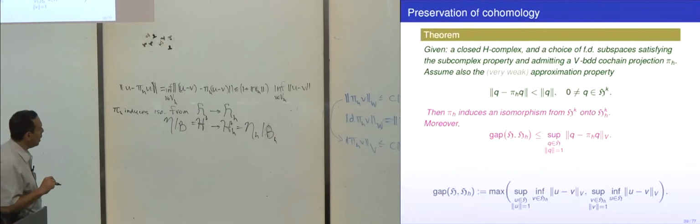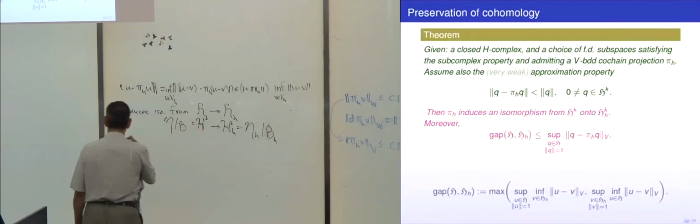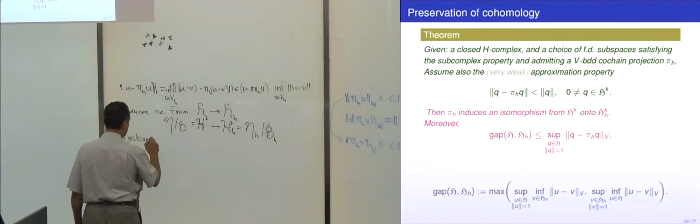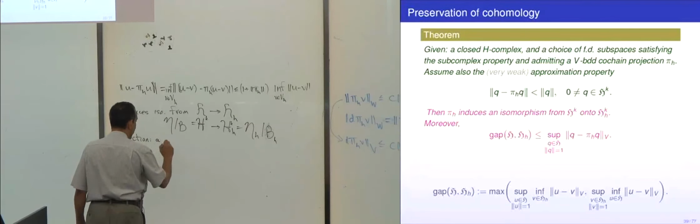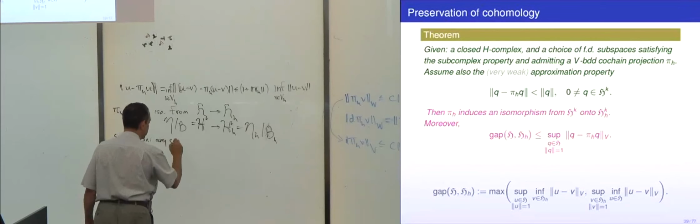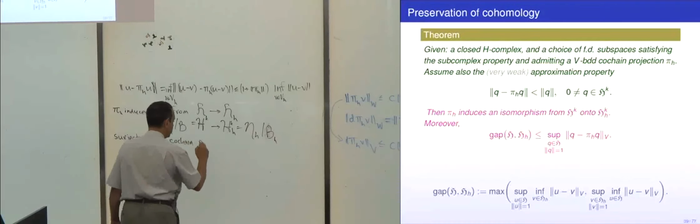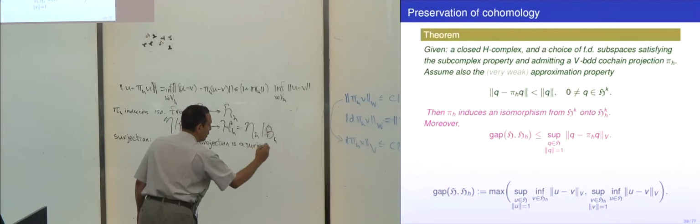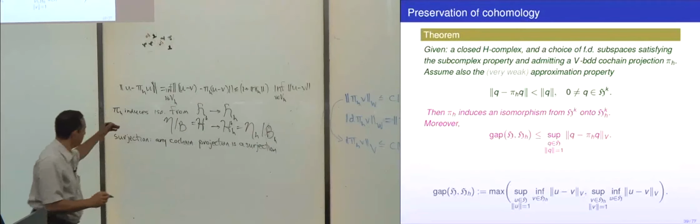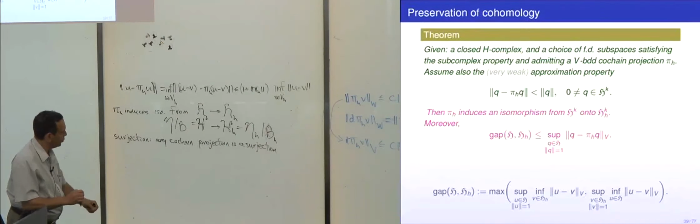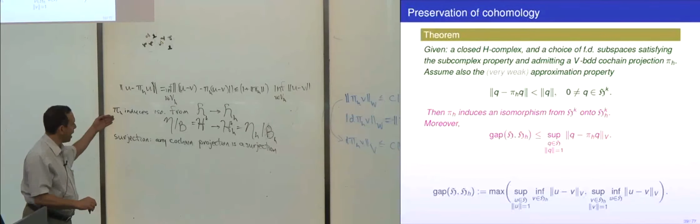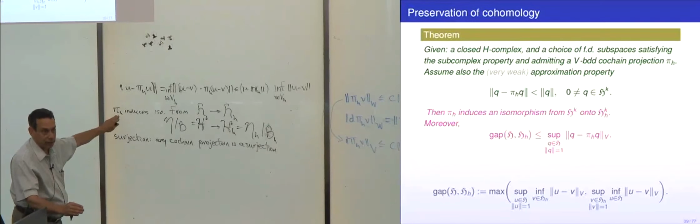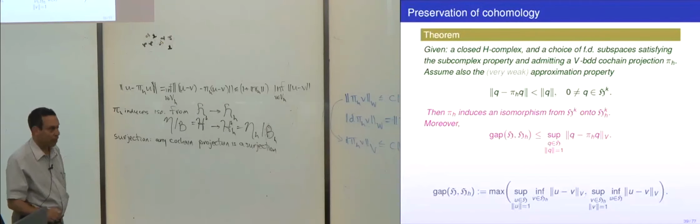Okay, one aspect of it is easy, that it's a surjection. So we have to show it's a surjection and an injection. And actually, the surjection we showed on the first day, any cochain projection is a surjection. And remember what the argument was. A projection means that if you first do the inclusion and then the projection, you get the identity. So therefore, the induced map from the inclusion followed by the induced map from the projection is the identity. So the induced map from the projection has to be onto. So this one is easy.